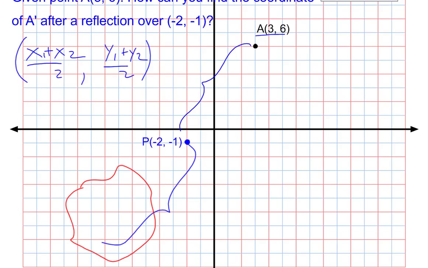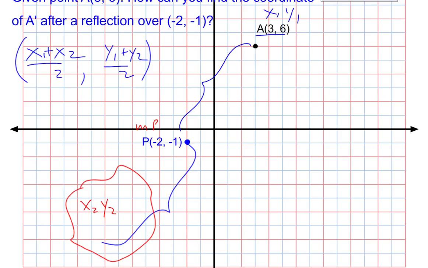Here I'm given x1 and y1, which is right over here. Imagine I'm looking for x2, y2, basically A prime's x and y value, and I'm given the midpoint. So we're going to apply the midpoint formula in the same way as we did back in September.